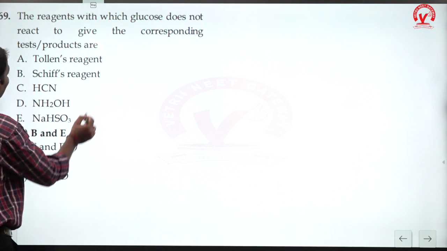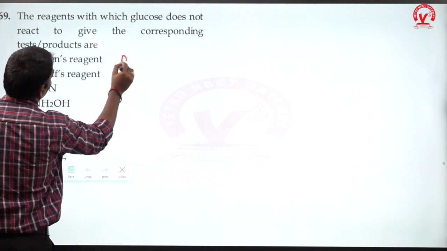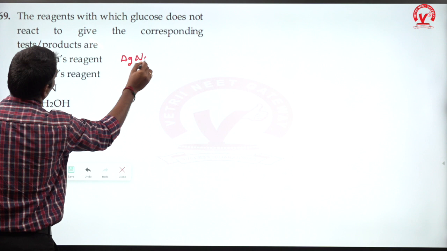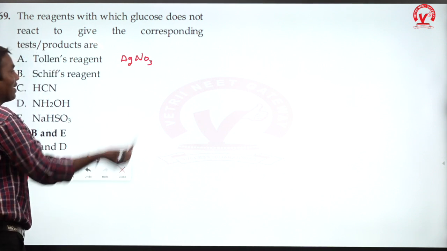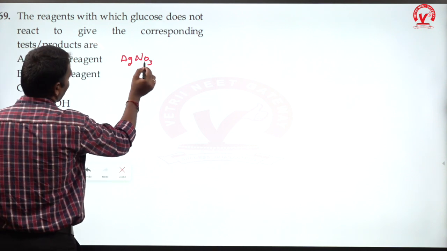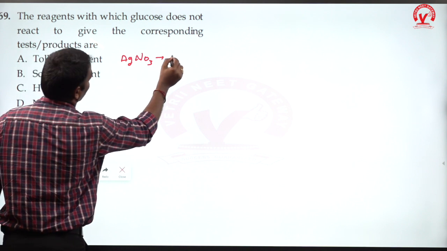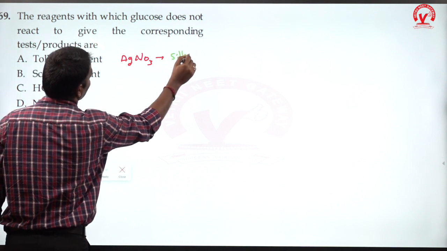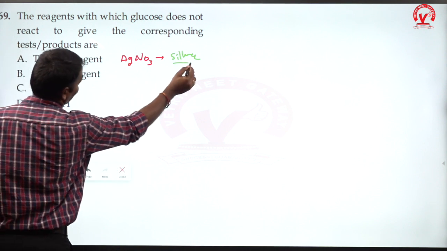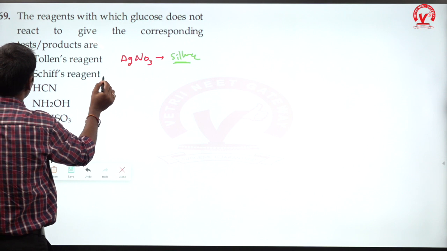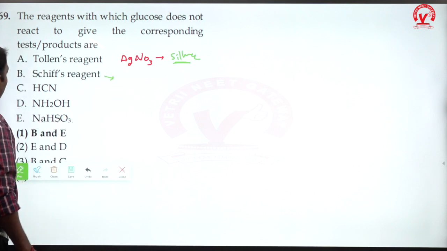Here Tollens reagent means ammoniacal silver nitrate, AgNO3, which tests for aldehydes, and terminal alkynes too. We observe the silver mirror test here, the silver mirror color. Schiff's base, we have to use amine bases.